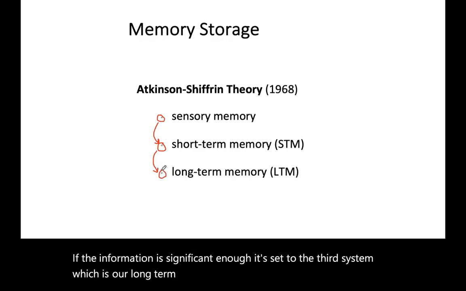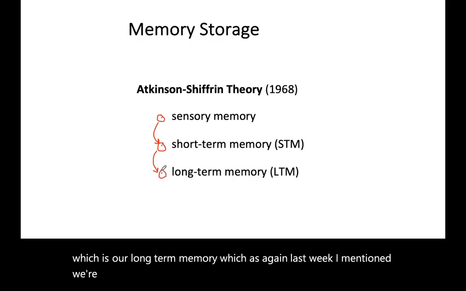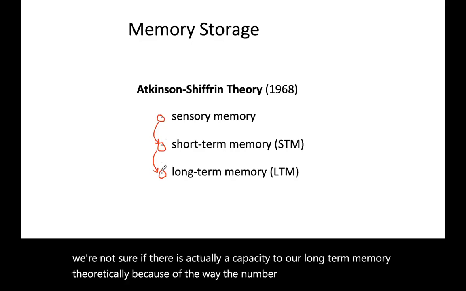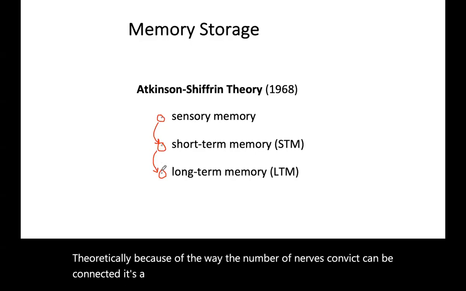Last week I mentioned we're not sure if there is actually a capacity to our long-term memory. Theoretically, because of the number of nerves that can be connected, the amount of information we can store in long-term memory is pretty much infinite.